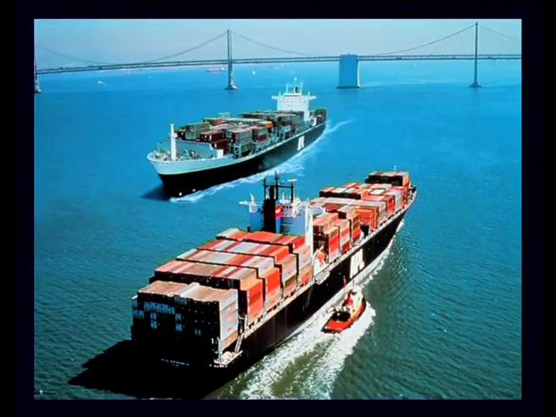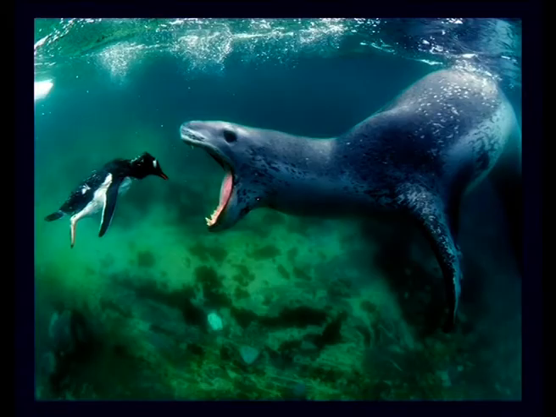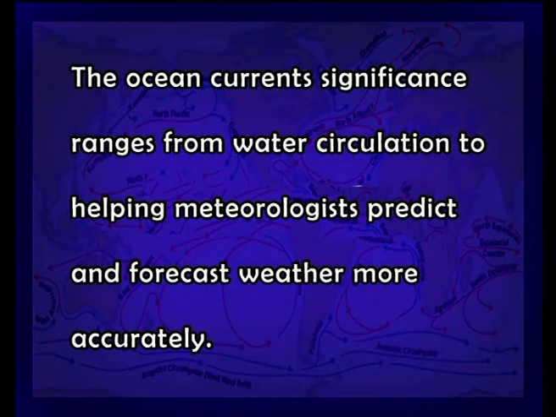Ocean currents are the ocean's transportation system, useful for both marine life as well as human beings. The significance of ocean currents ranges from water circulation to helping meteorologists predict and forecast weather more accurately.